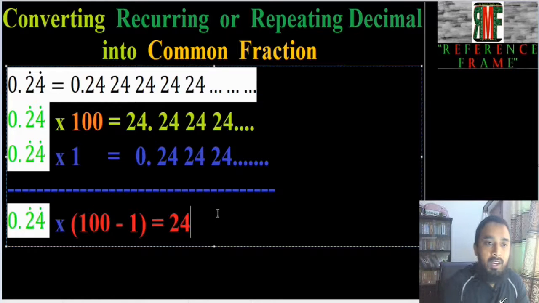Okay, now from here, as we are asked to convert this value into a common fraction, we just need to move the rest of them to the right hand side.